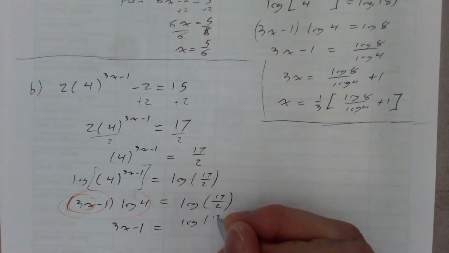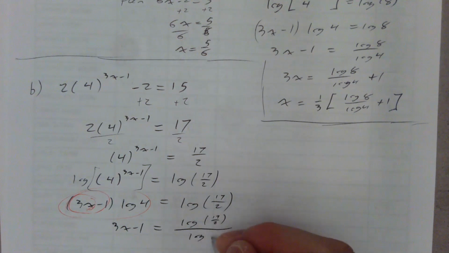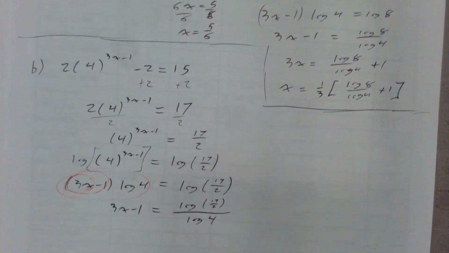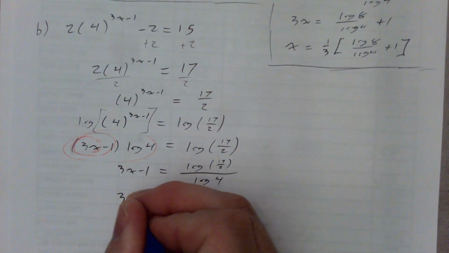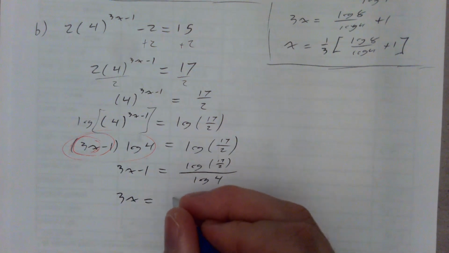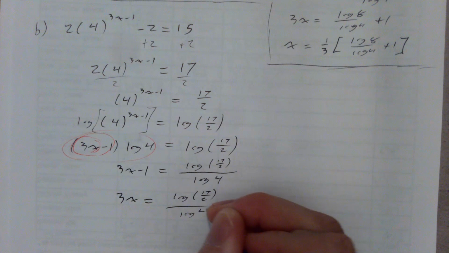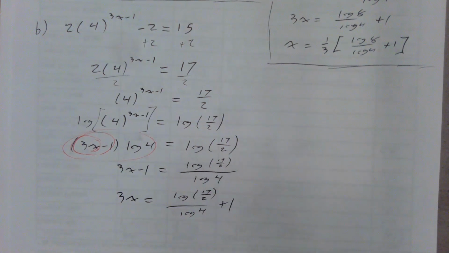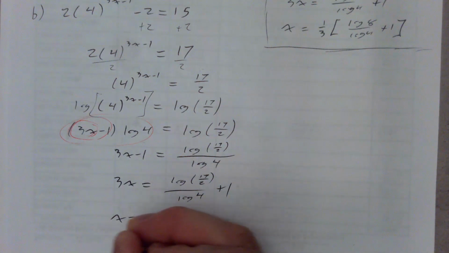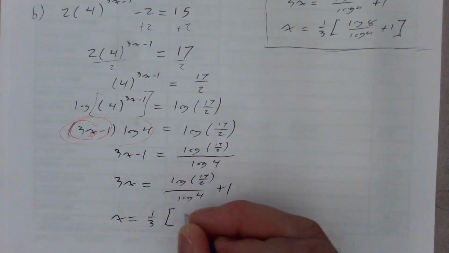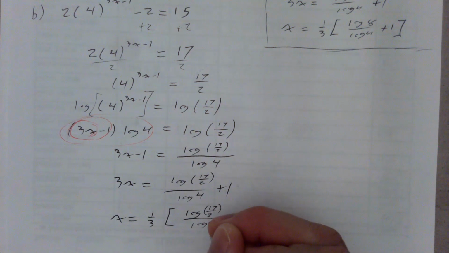Okay, I do see maybe one reason why I might want to write that as log 17 minus log 2. It would avoid fractions over fractions. But I don't have much to say about it. I'm going to add 1 to both sides: log 17/2 over log 4 plus 1. And to avoid fractions over fractions, let's multiply both sides by 1/3 instead: log 17/2 divided by log 4 plus 1, all times 1/3.